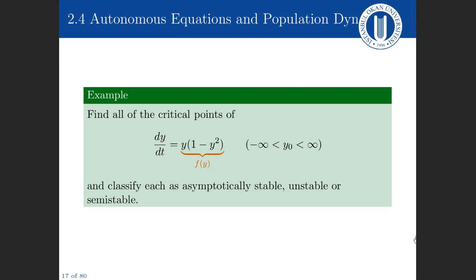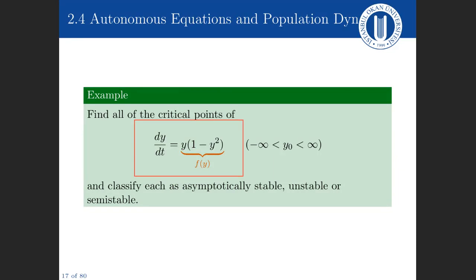For example, you may have this type of question in your homework. Find all of the critical points, or all of the equilibrium solutions, of this equation and classify each as asymptotically stable, unstable, or semi-stable. Our equation is dy/dt equals y multiplied by (1 minus y squared).